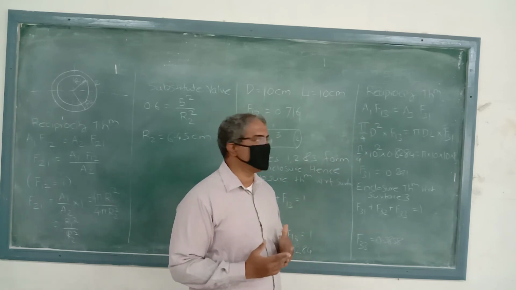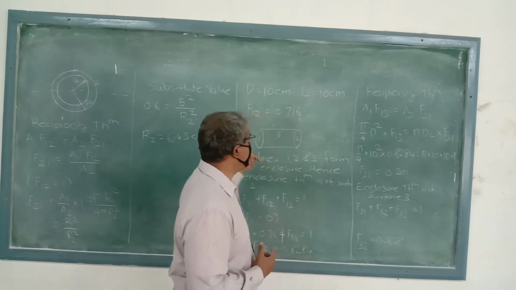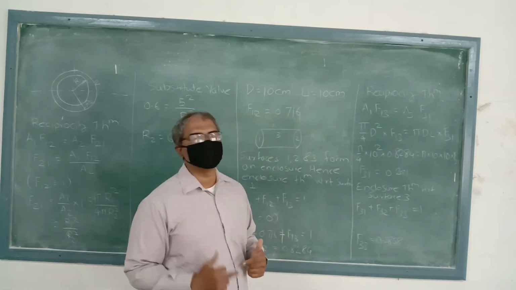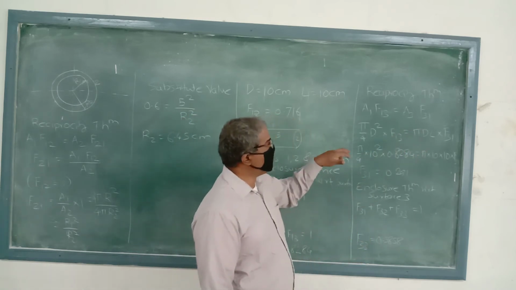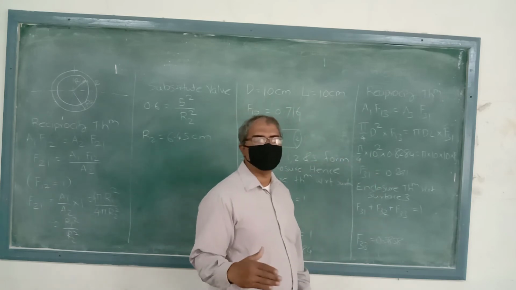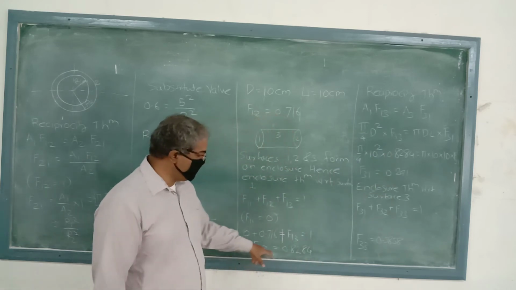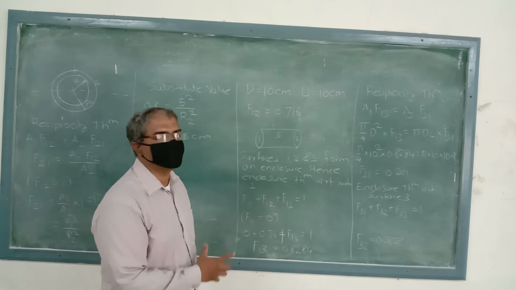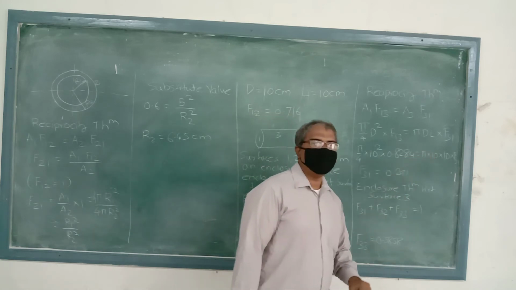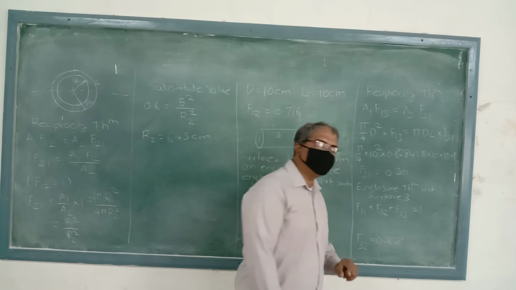Here, we write pi by 4 d square into F1 to 3 is equal to pi d l, because surface one is the circular surface, so its area is pi by 4 d square, and the A3 surface is the cylindrical surface, so its area is pi d l. We substitute the given data: pi by 4, diameter 10 cm, into F1 to 3, which is 0.8284, equal to pi into 10 cm diameter, 10 cm length, into F3 to 1, which we have to find.